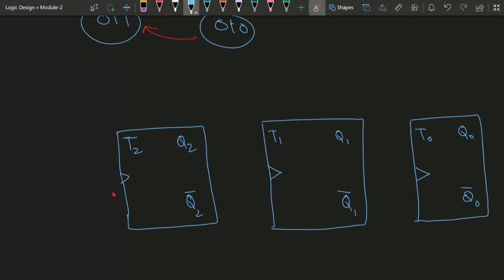In the previous class, we discussed asynchronous counters.